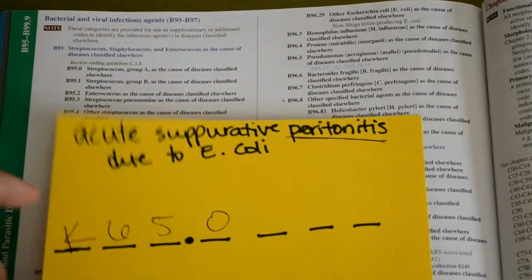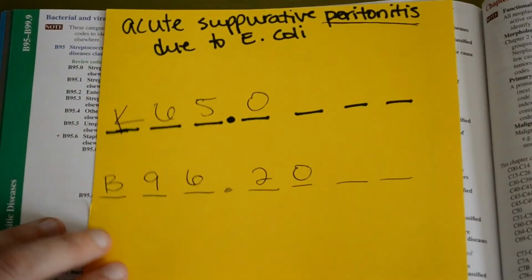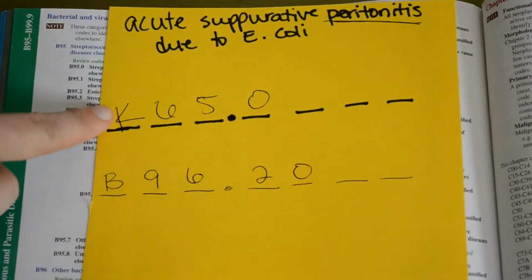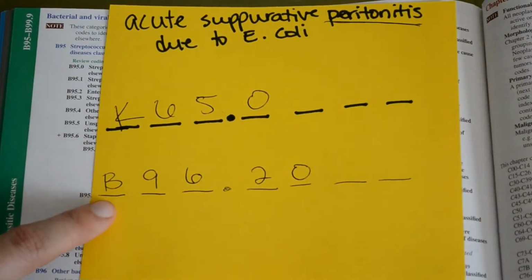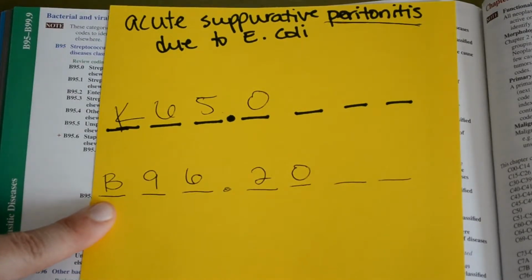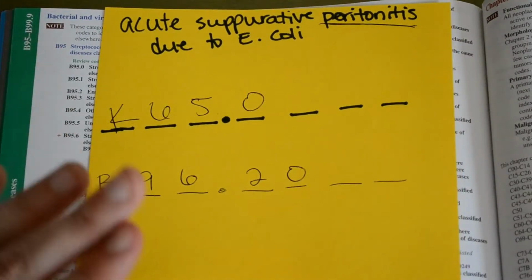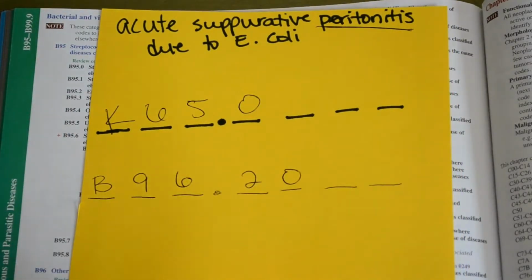So we know that our order of the peritonitis, K65.0, will come first, and the B96.20, the unspecified E. coli as the cause of diseases classified elsewhere, will come second. And that is how we would code for acute suppurative peritonitis due to E. coli.